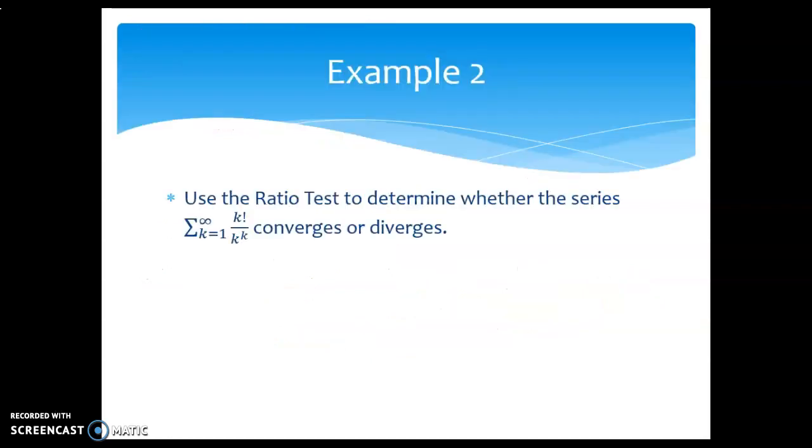The series converges. So we go to another ratio test. We do a ratio test here. So we have a of n equal to n factorial divided by n raised to the power of n. a of n plus 1 is equal to n plus 1 factorial over n plus 1 raised to the power of n plus 1.